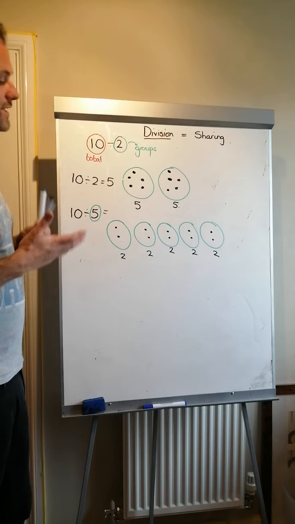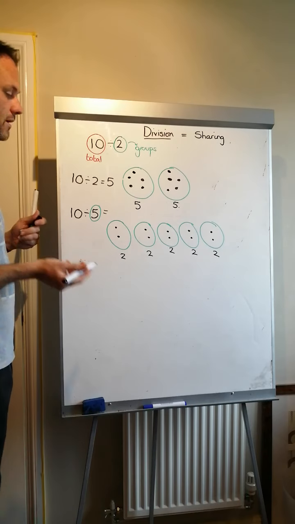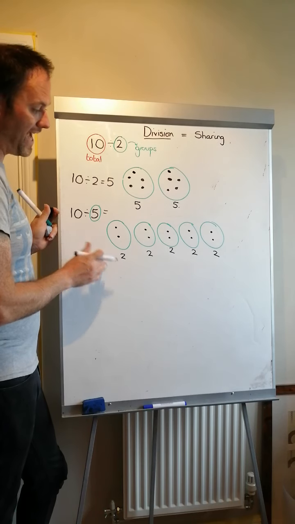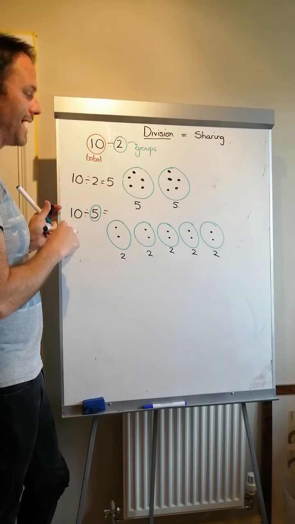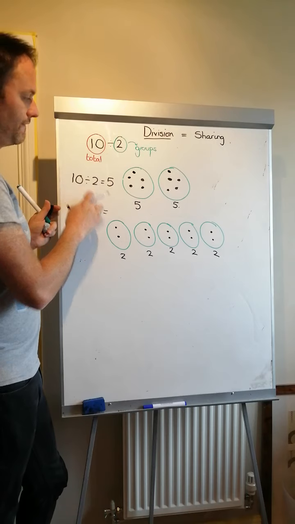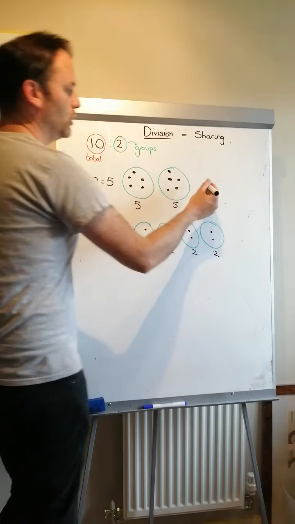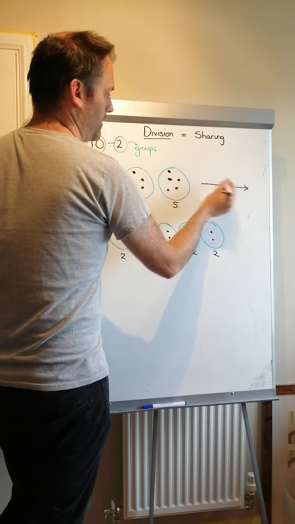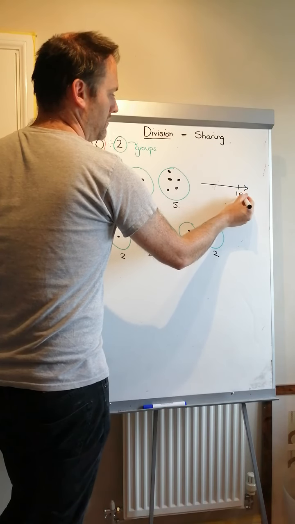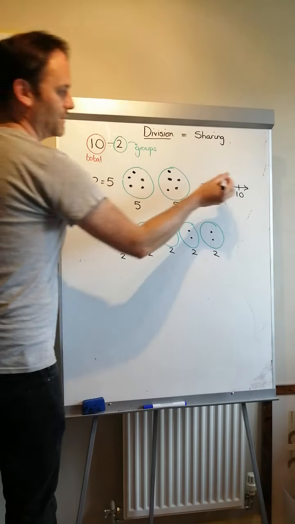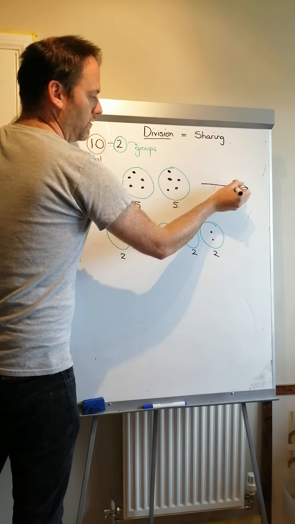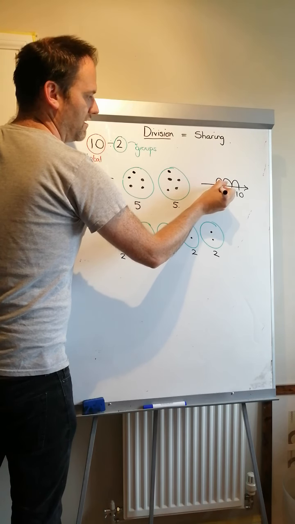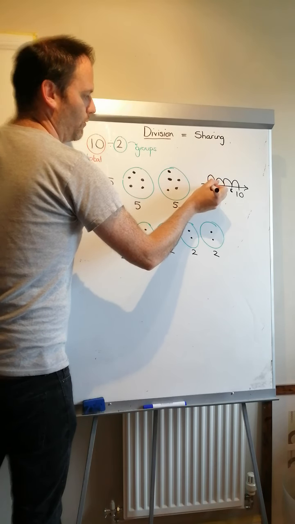With the multiplication one, I did use a number line to check it. You can do it with this, but you would need to be able to count backwards in 5s or in 2s. So if I started with 10, I want to jump back in 2s. 8, 6, 4, and stop when I get to 0.